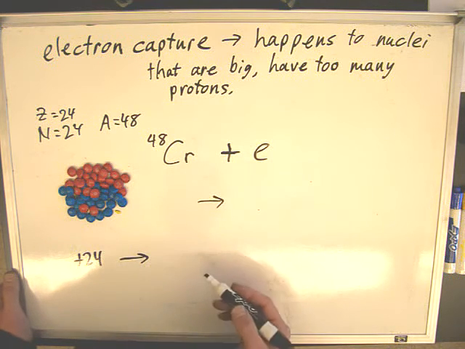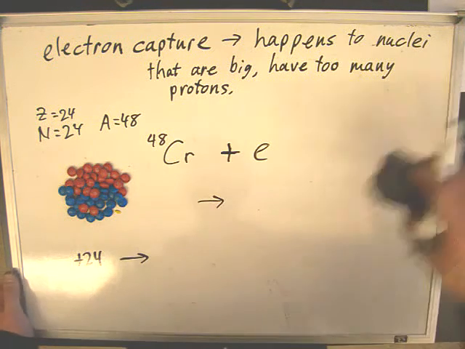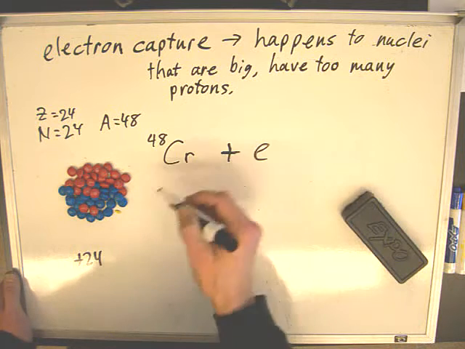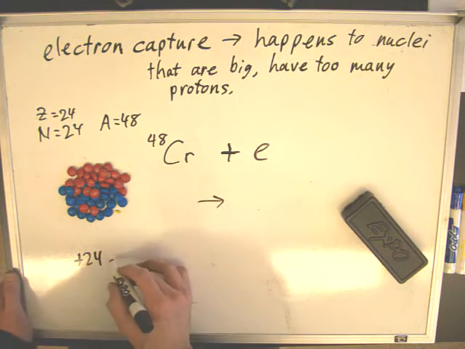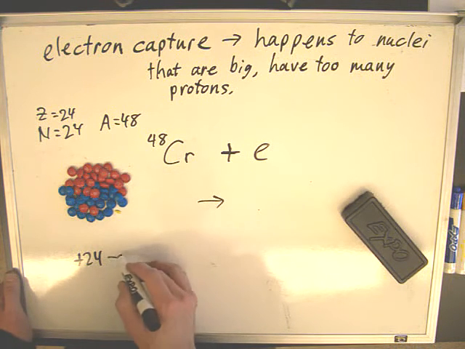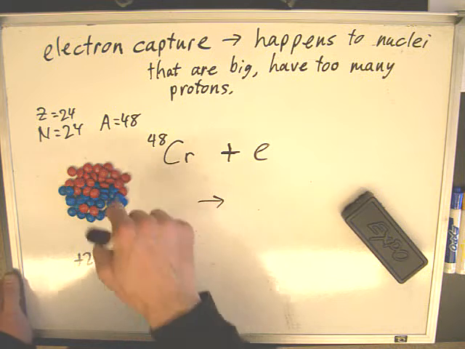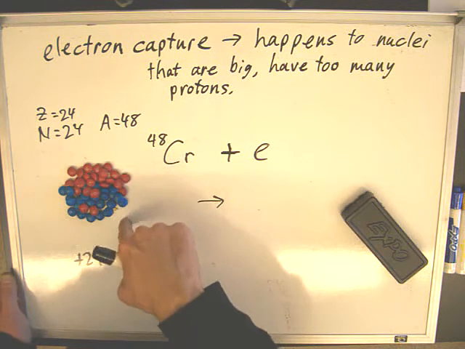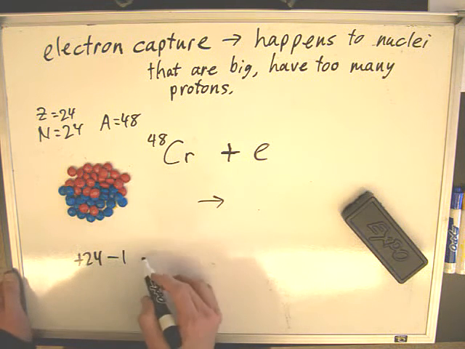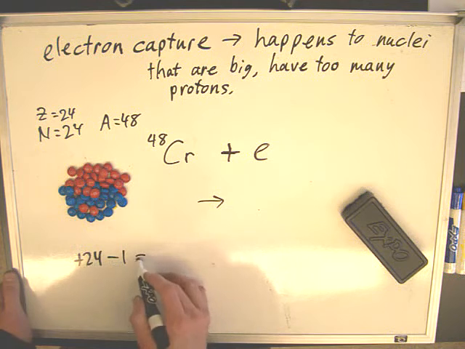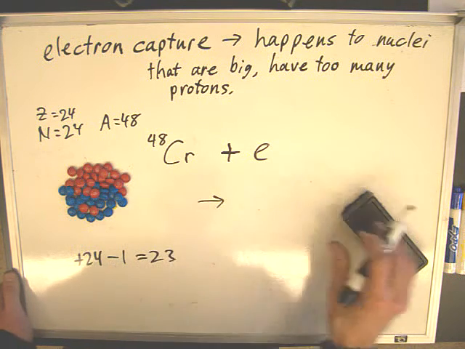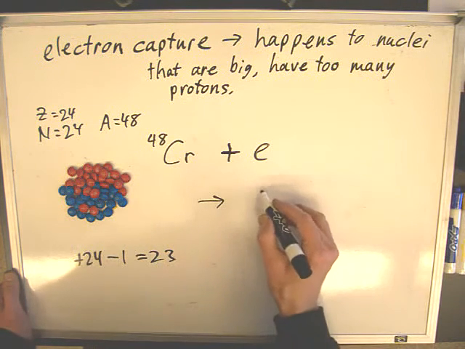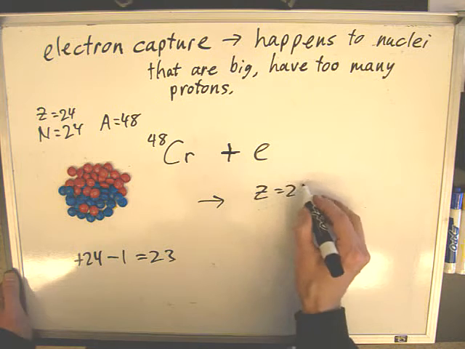Afterwards, I'm going to have a daughter nucleus, well, I had a plus 24 charge, but then also I had an electron. That brought some charge in. And the electron charge is minus 1. So if I add up the charge of the nucleus here plus the electron that got stuck inside it, then I'm going to have 24 minus 1, which is 23. So the daughter nucleus had better have Z equals 23.